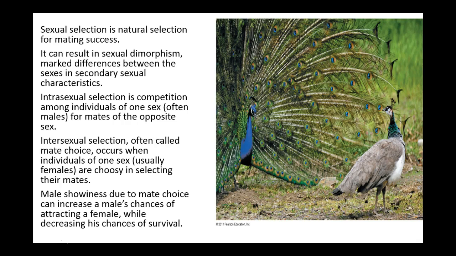It can result in sexual dimorphism, marked differences between the sexes, particularly in secondary sexual characteristics. And that can then lead to genetic adaptations that seem kind of wildly not logical to us.